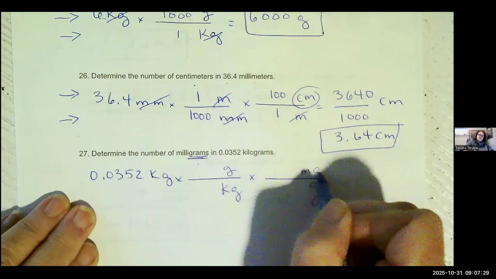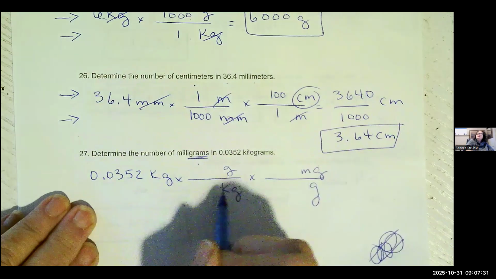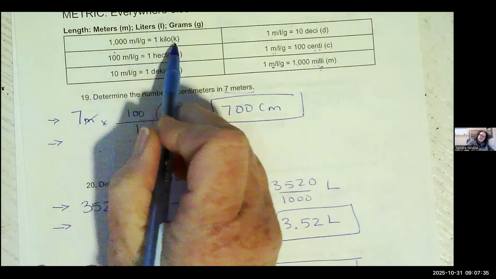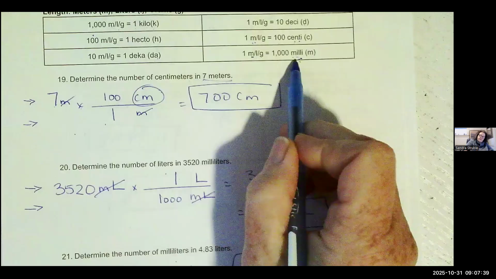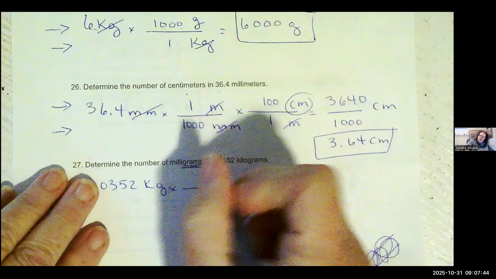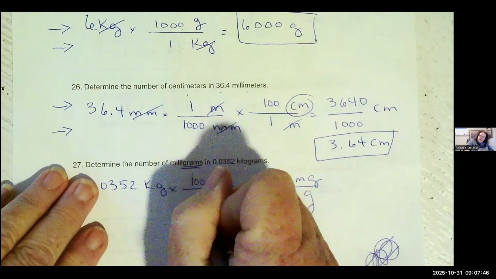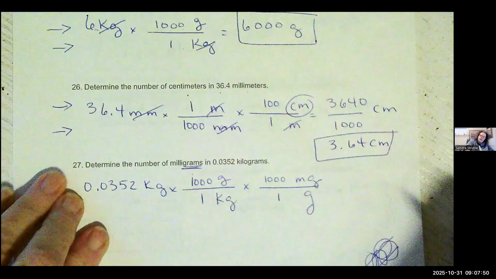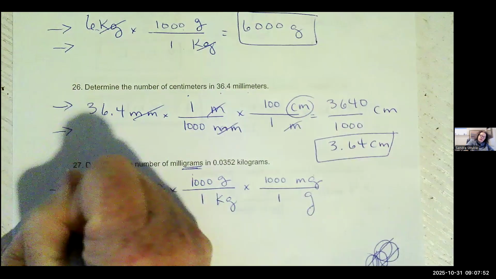There are 1,000 grams in a kilogram, and 1,000 milligrams in a gram. Multiplying straight across. Cross out your kilograms. Your grams are gone, left with milligrams.